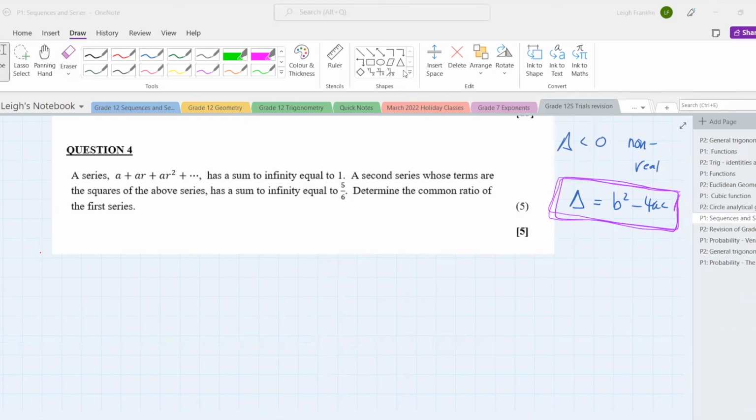Okay, so Kayser, what you've got to try and do is read it and try and make an equation. When they say that a particular series has a sum to infinity equal to 1, what is your sum to infinity formula? Can anybody remember the sum to infinity formula?